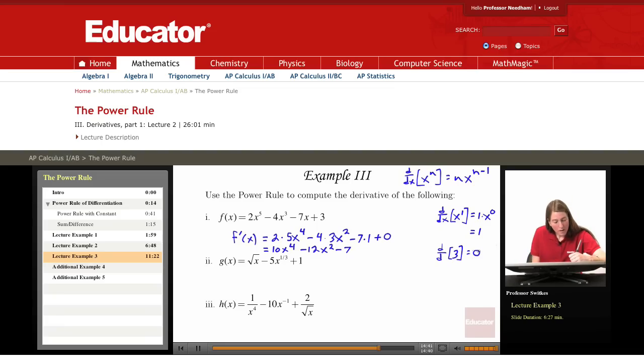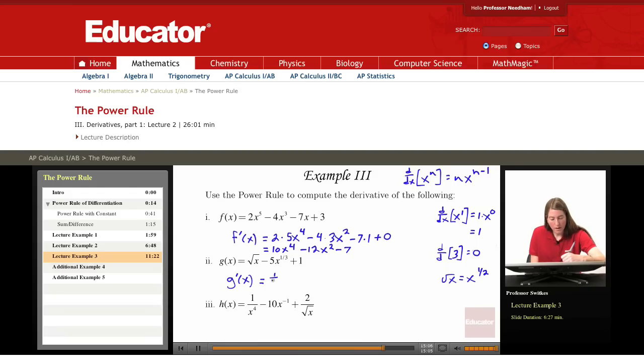Okay, in our second example, we want to look at the derivative of square root of x minus 5x to the 1/3 power plus 1. Square root of x is x to the 1/2 power, and we'll use the power rule. Now, we didn't prove the power rule for fractional exponents, but it does hold for fractional exponents.